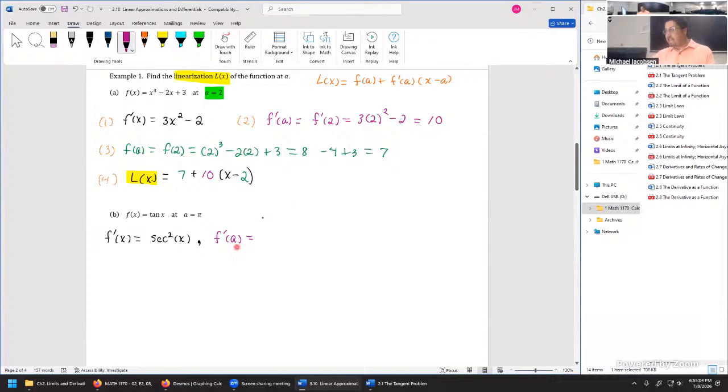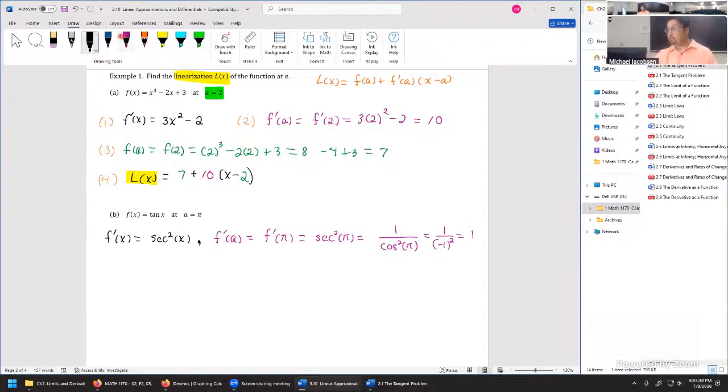So the derivative of f at a is just going to be f prime at pi, which is secant squared at pi. We can recall that secant is just 1 over cosine. So this is 1 over cosine squared at pi. Then, well, cosine at pi is -1. So this is just 1 over -1 squared. So the whole thing is just a 1 altogether. So the derivative of tangent at pi is exactly 1, and that's our slope.